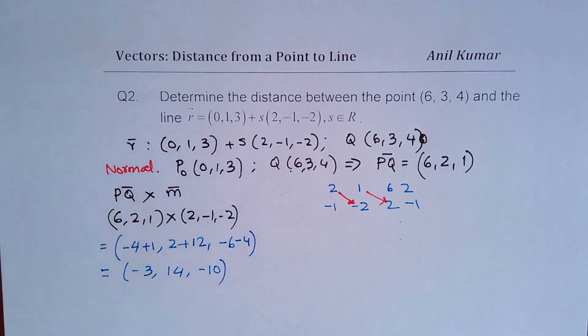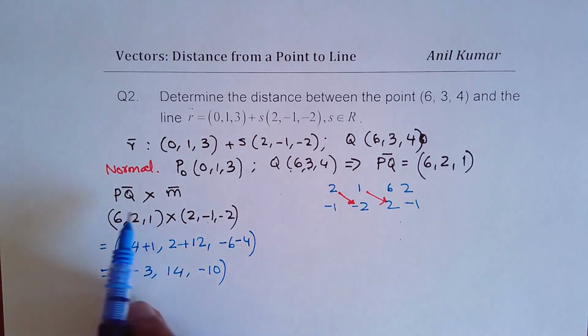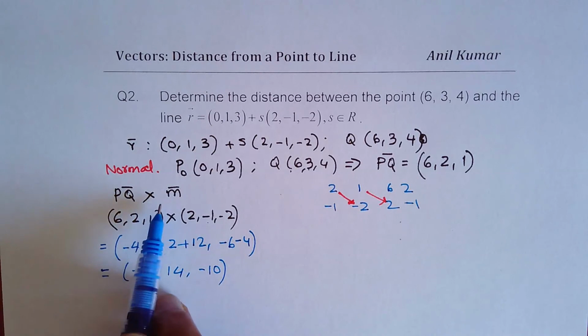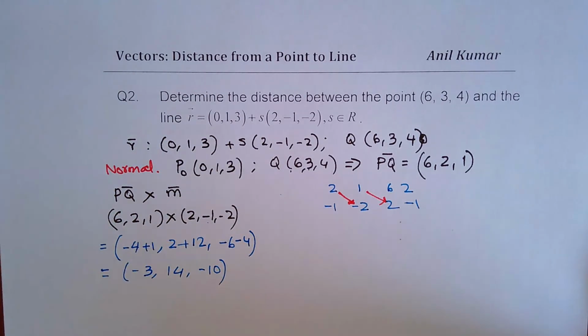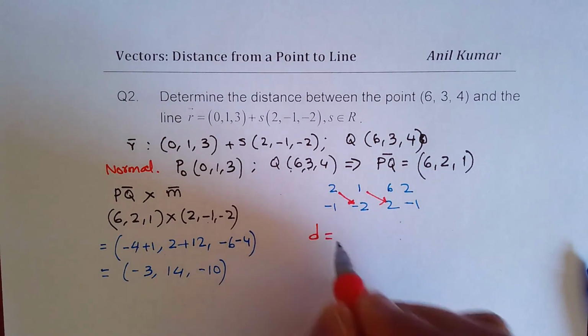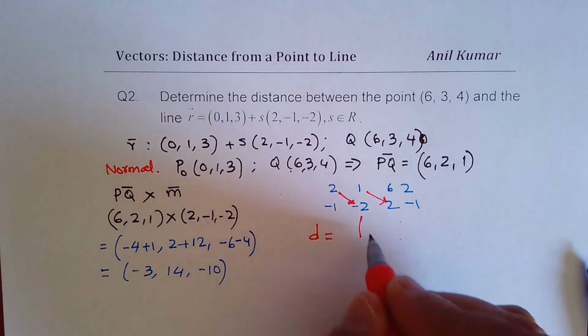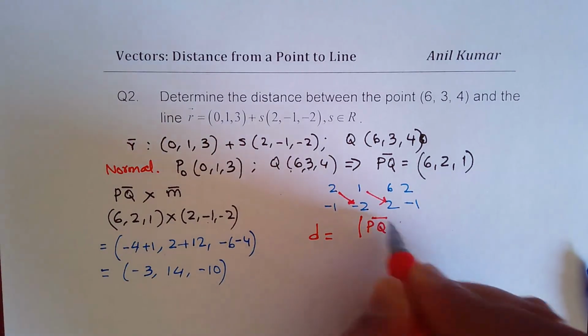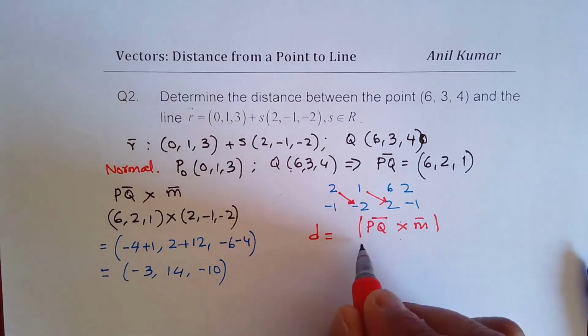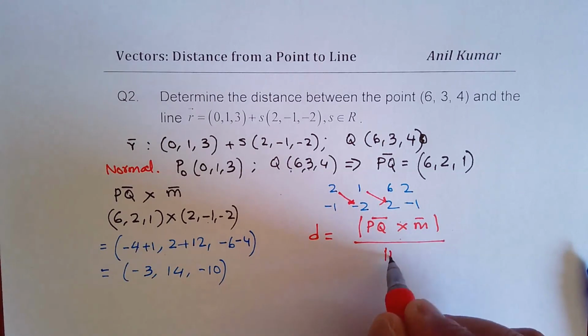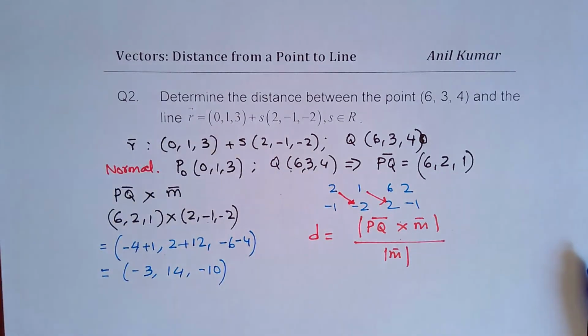Now we can easily find the distance knowing the cross product, which is actually the normal. The distance is given by the formula: the absolute value of the cross product PQ cross M over the magnitude of M. We are actually interested in only the unit vector.